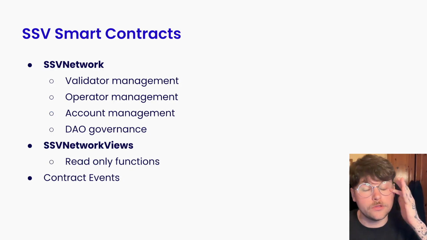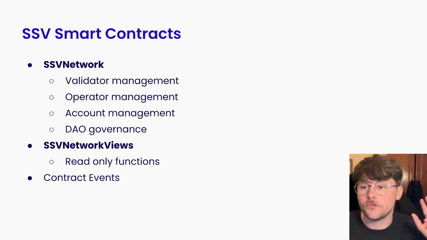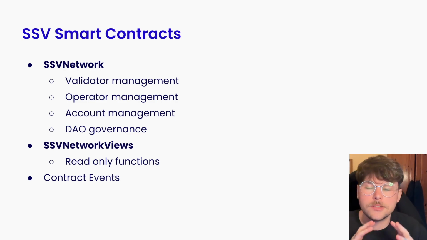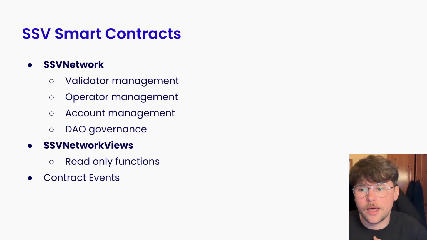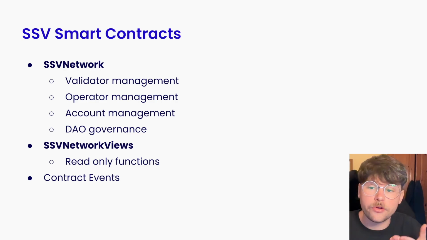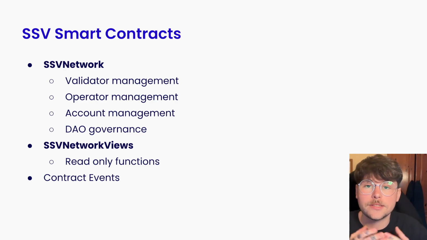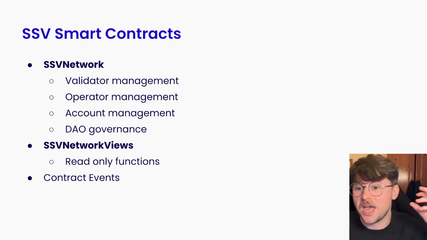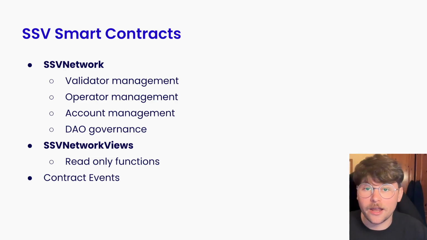The contracts themselves, there are 2 of them. The first one is the SSV network contract. This is essentially the contract that manages everything on SSV on chain, and handles validator and operator management, 2 entities we've talked about before. The third is the account. This is essentially just a wallet address that will manage any of the validators or operators that I've signed up on the network.